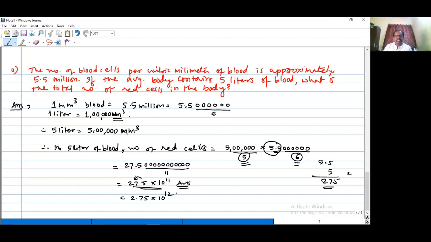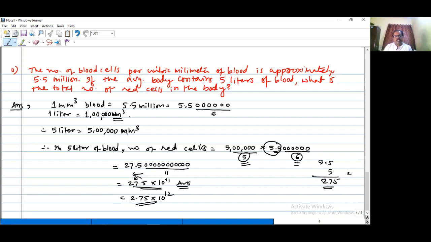Then we convert it to the standard form of that number, which will be 2.75. As we know, in standard form our integer part must be greater than 0 and less than 10. So we put the decimal after 2. We are moving our decimal from right to left one place only. Since we are moving it to the left side, we have to multiply by positive powers of 10.